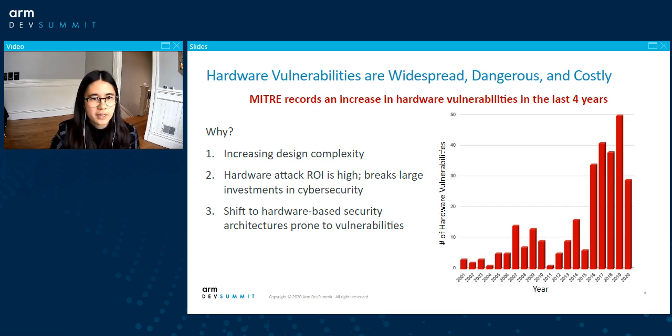It breaks large investments in cybersecurity, and vulnerabilities found in hardware are much harder to patch than vulnerabilities that exist purely in software. And the last reason is that there's been a shift towards hardware-based security architectures. So now the attackers are also starting to shift their focus on hardware because that is where the security is being implemented.